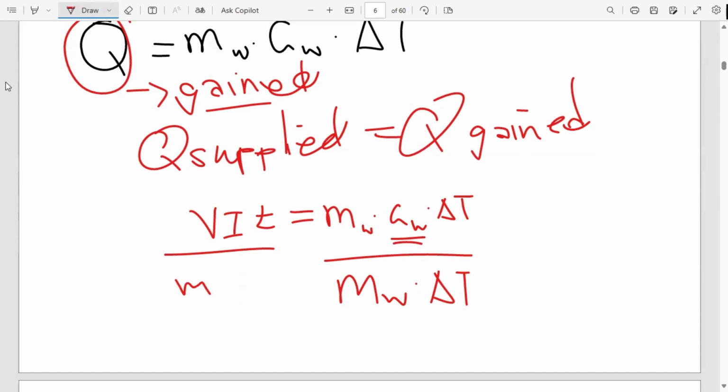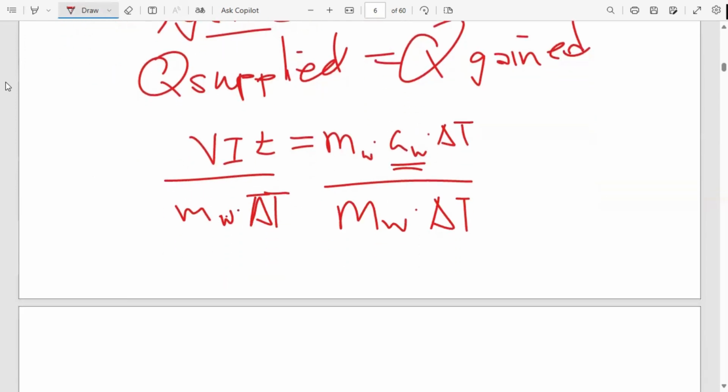I'm going to have one single formula, which tells me the specific heat capacity of water will be equal to VIT over the mass of water multiplied by the change in temperature.